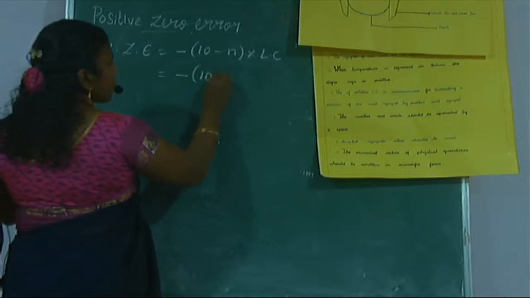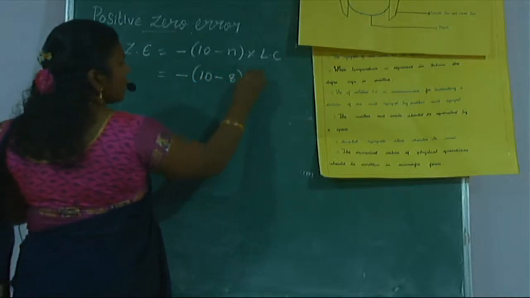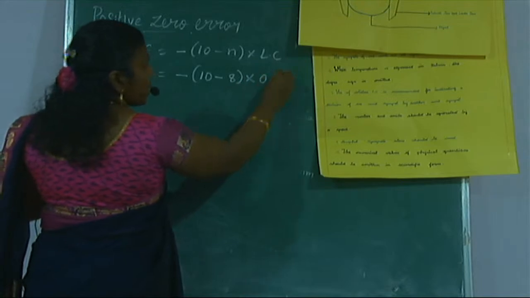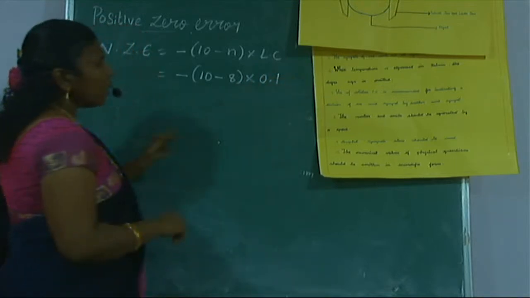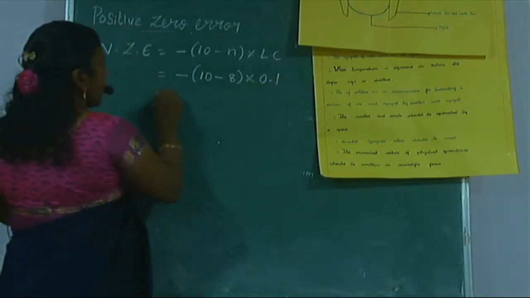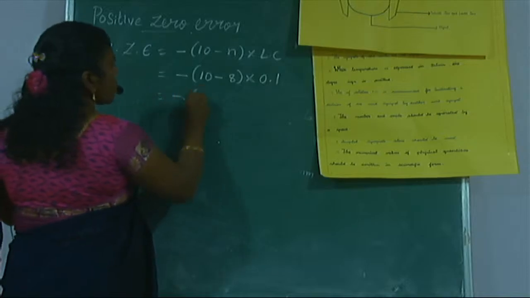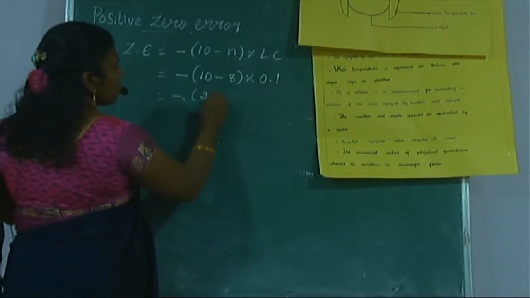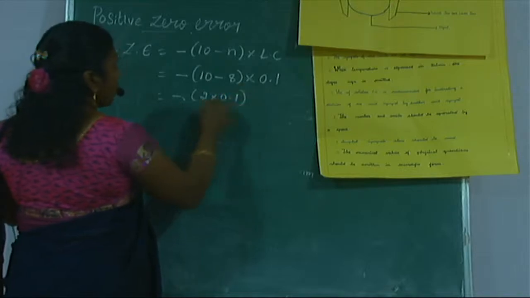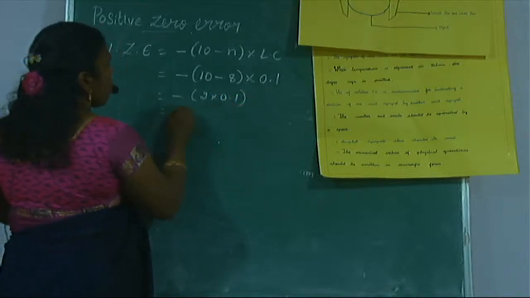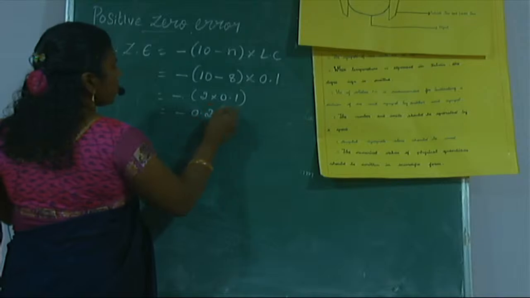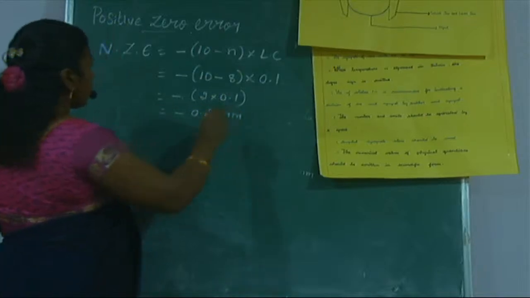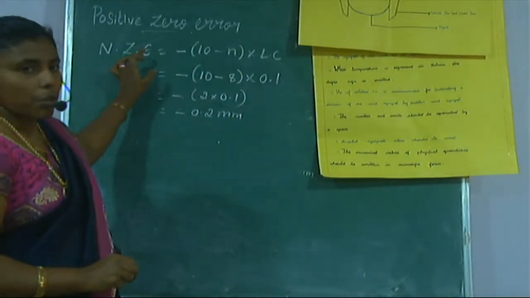So 10 minus 8 into 0.1 least count. So minus of 10 minus 8, that is 2, into 0.1, equal to minus 0.2 millimeter. Like that you have to find the negative zero error.